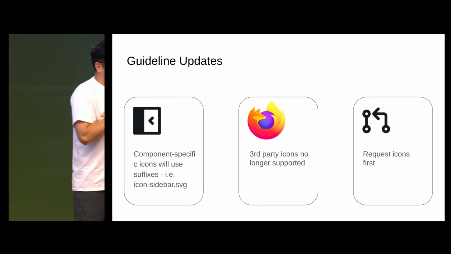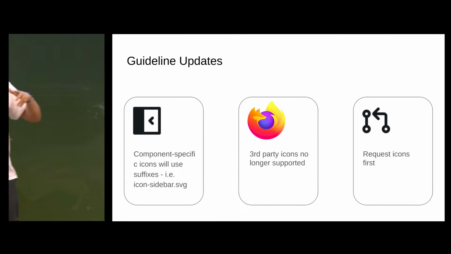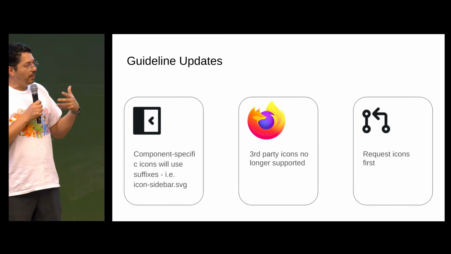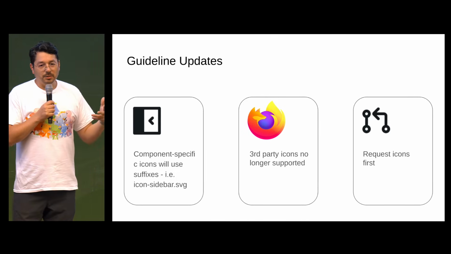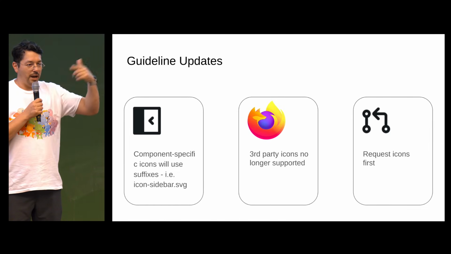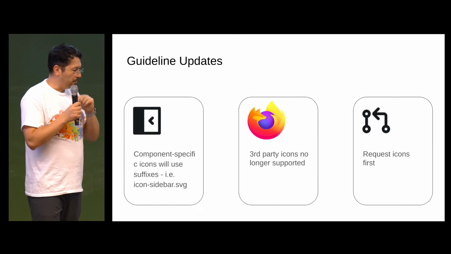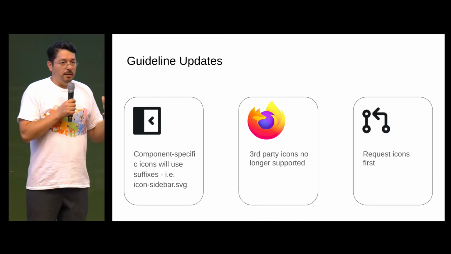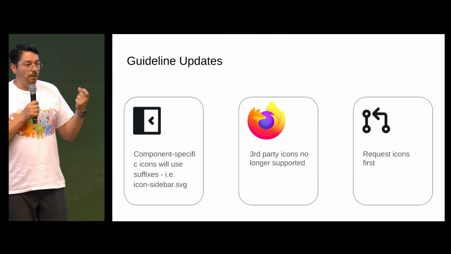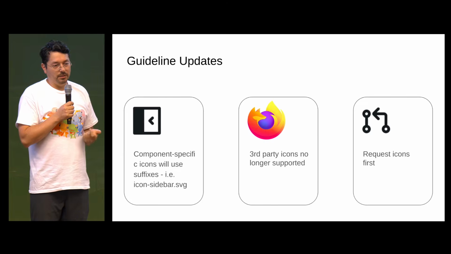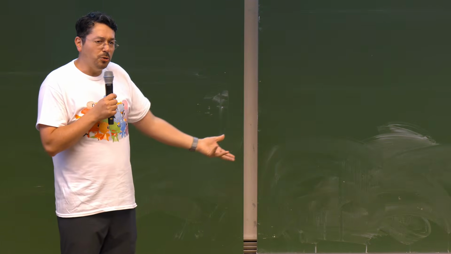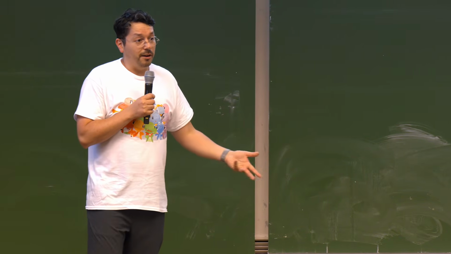Also, another guideline that we developed is, and this is a habit that we need to work on, but as developers, sometimes when you're developing your applications, you have the desire to use icon whatever. When you do that, I think what we see most often is that you just find something that works. Like we were just talking about this during lunchtime, you just find a bell icon, but maybe that's not the use that was intended for that icon.